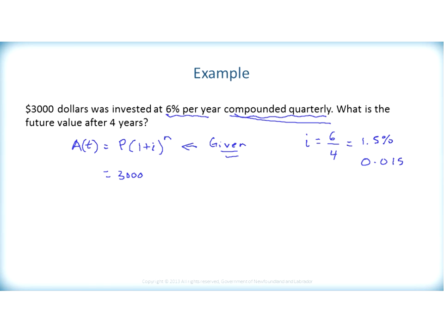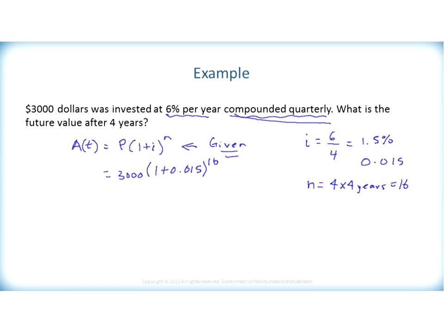So we have 1 plus 0.015. And the number of compounding periods, n, is going to equal 4 compounding periods per year times the 4 years, which equals 16 compounding periods.